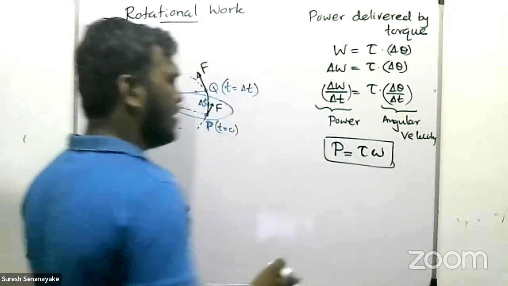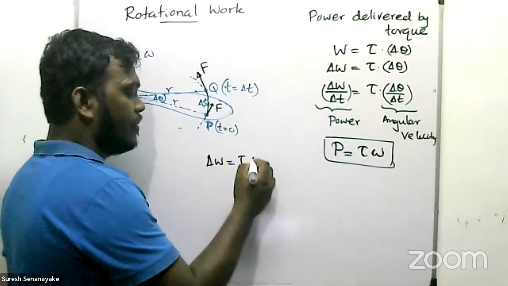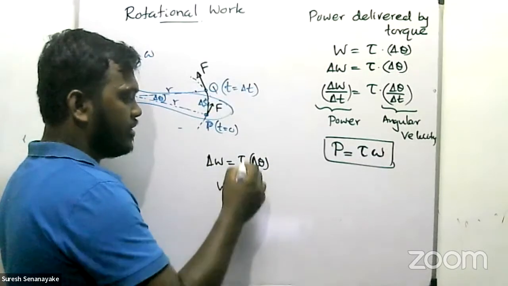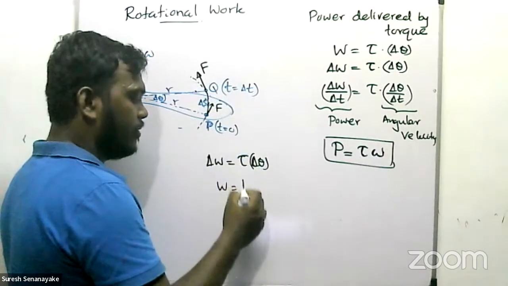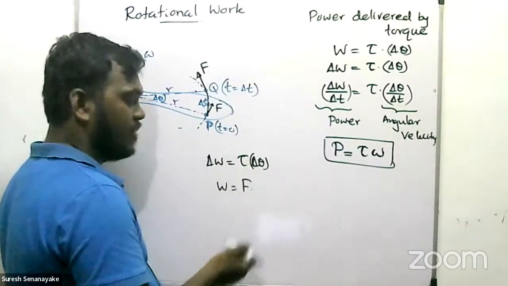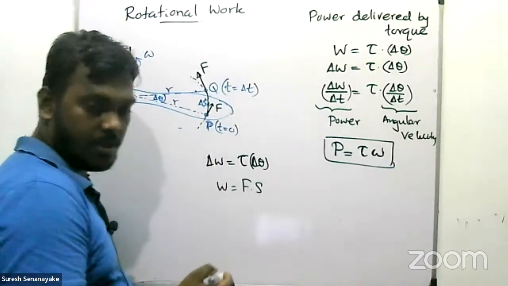These equations are similar, because the work done is tau delta theta. The torque corresponds to the force in rotational motion, and angular displacement corresponds to linear displacement, just as W equals F times displacement.